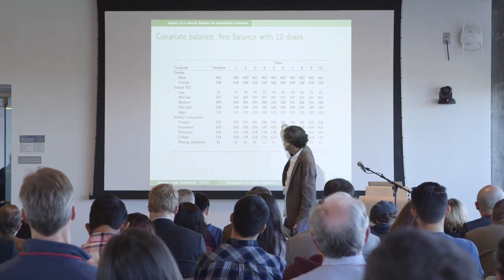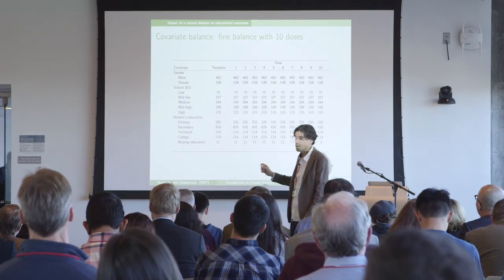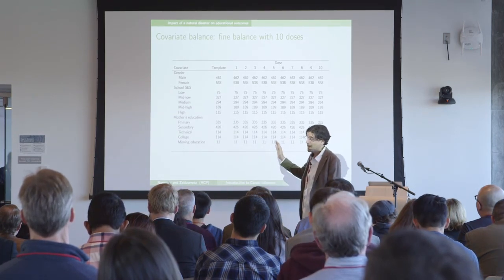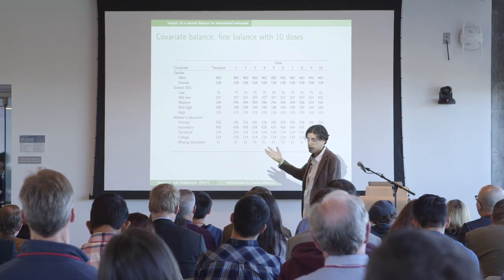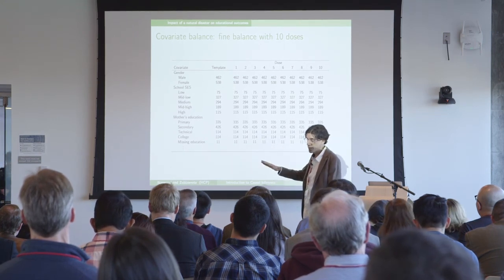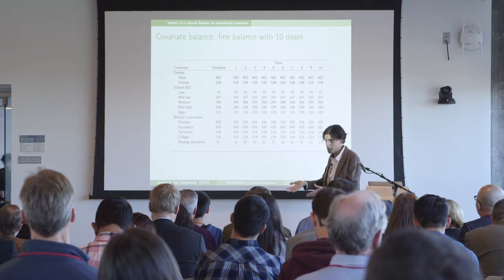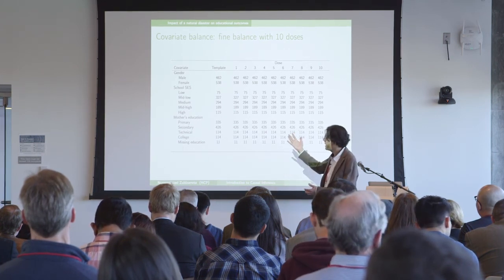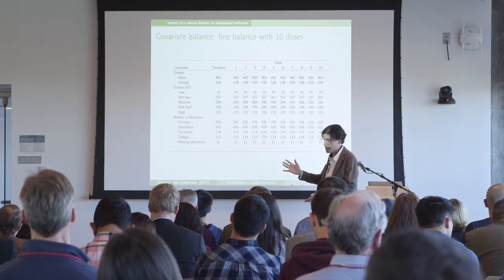Every category of every covariate, and we have like 17 of them, so this is a very long table, is perfectly represented across all the doses. So we're not only perfectly balancing the means, we're perfectly balancing the distributions. And this is something that you can do by using the previous matching tool. So I think one can make a strong case that the groups are comparable in terms of observed covariates.